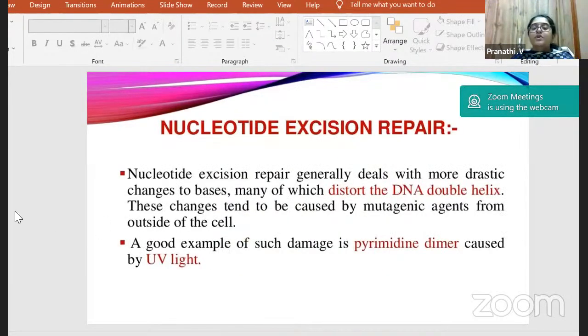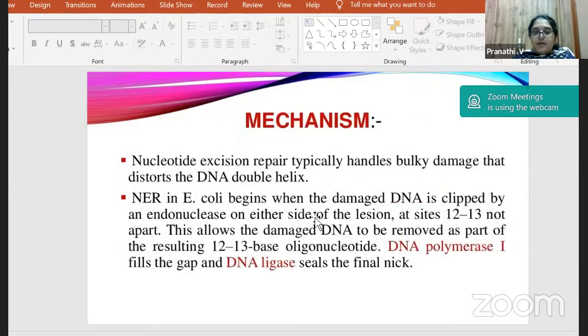When it comes to nucleotide excision repair, what happens is this distorts the DNA double helix. This is because if there is any kind of damage like a pyrimidine dimer, that is one example of nucleotide excision repair. Whatever bulky damage is done to the DNA double helix can be removed with nucleotide excision repair.